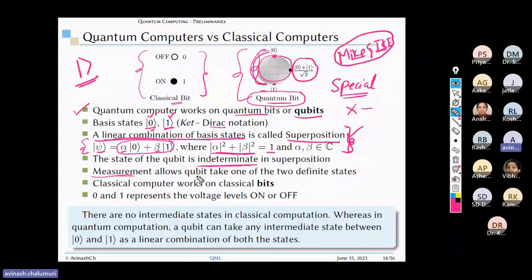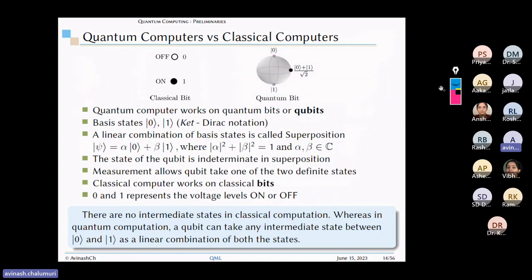Only measurement will make it take one of the two definite states. Whereas classical computers work only on classical bits, which are just on and off. There is no intermediate state in classical computation, whereas quantum computation can take multiple intermediate states between 0 and 1.